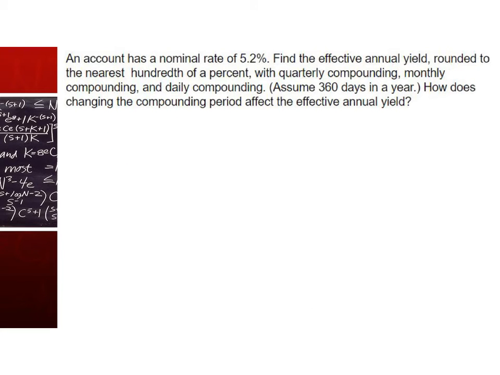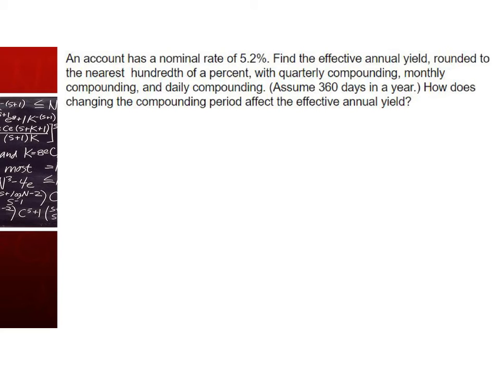Last problem for today. We have an account that has a nominal rate of 5.2%, and they want us to find the effective annual yield, rounded to the nearest hundredth of a percent, with quarterly compounding, monthly compounding, and daily compounding.